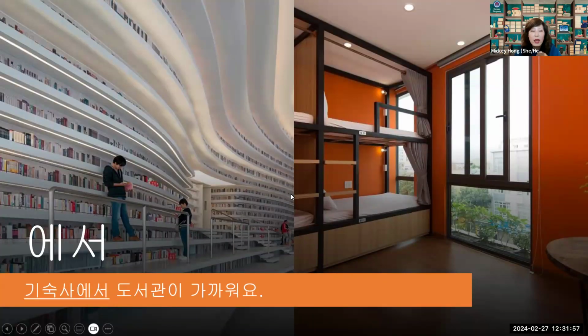에서 is where the action is taking place, and when it is used with a locomotion verb, it means from a place. 기숙사에서 도서관이 가까워요. From the dormitory, the library is close.